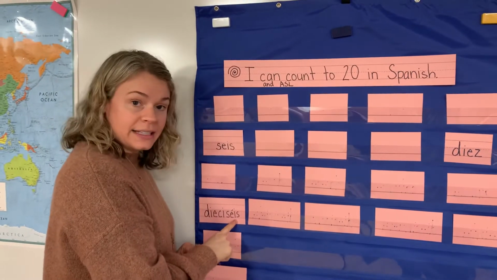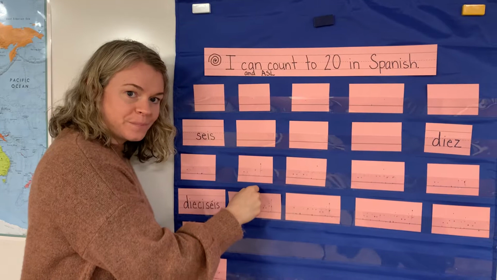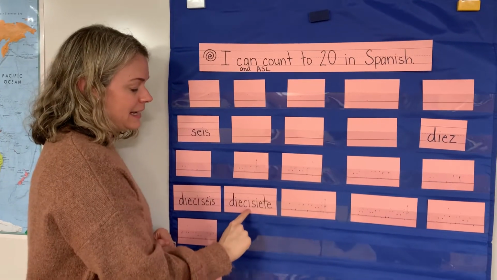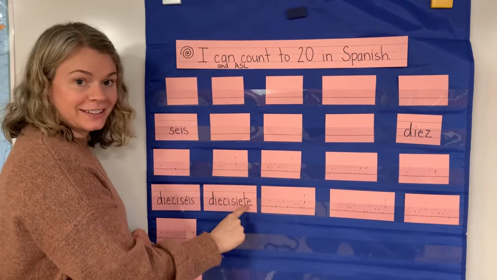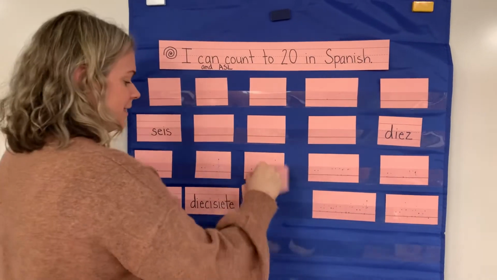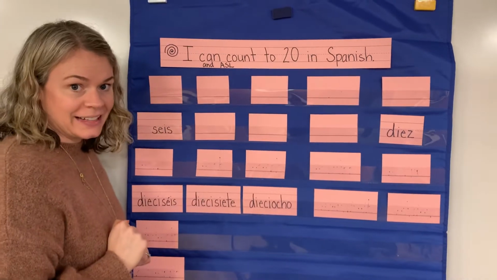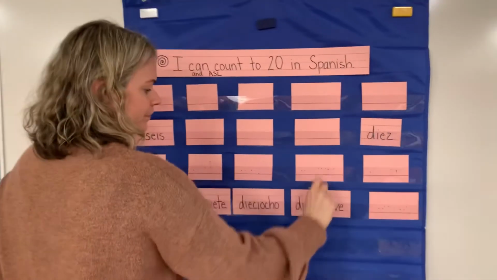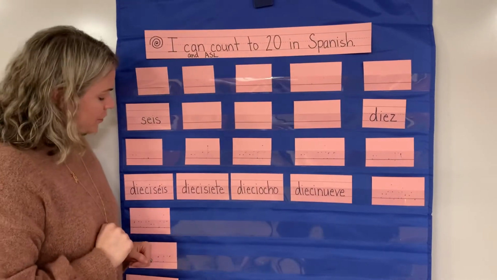So then what's 17 going to be? Yes. 10 y 7. 10 and 7. So what about 18? Good. 10 y 8, 10 and 8. 18. 10 y 9. Okay, let's go through those together.